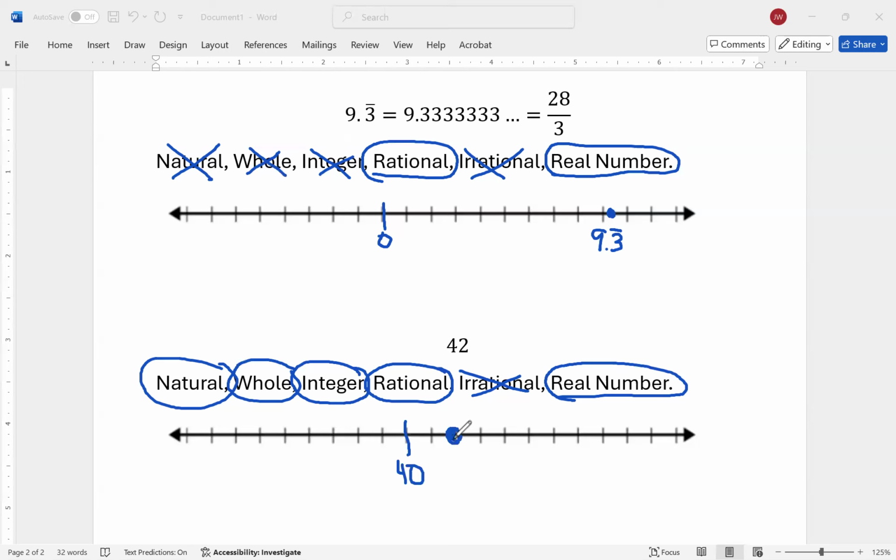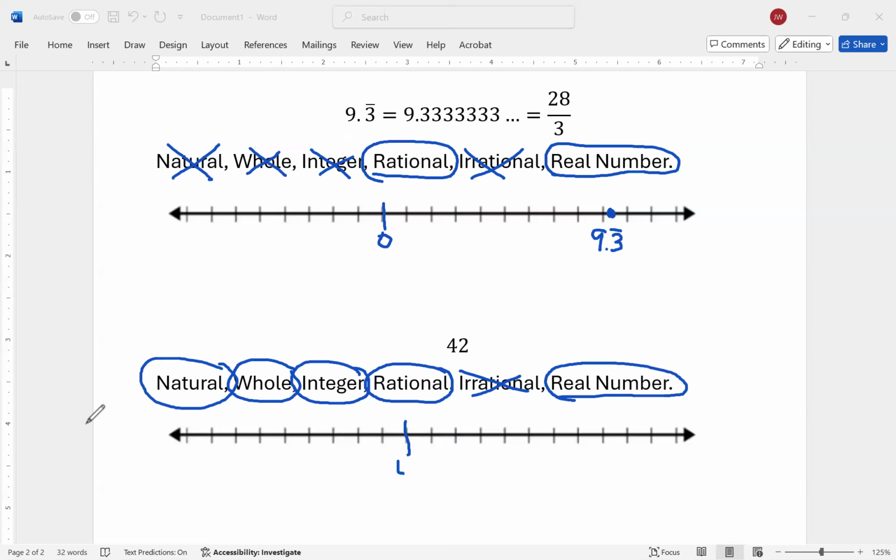And then 42 would be obviously right there. So that's one way to graph on a number line something big like 42, big in comparison to how many tick marks we have. You just start at 40 instead of starting at 0 and then move over 2.